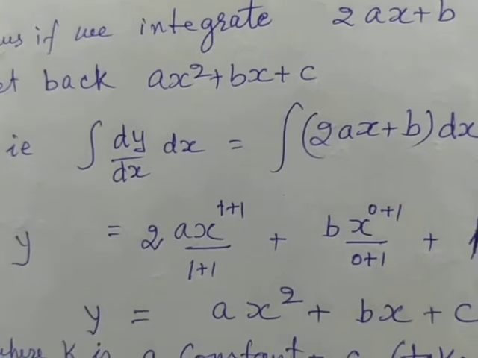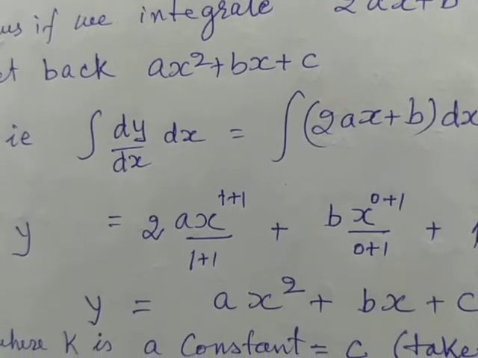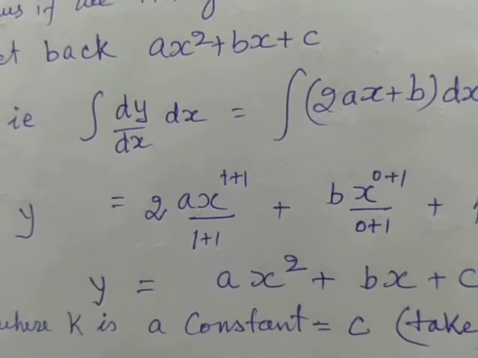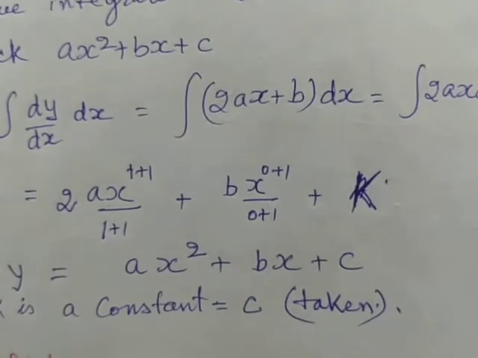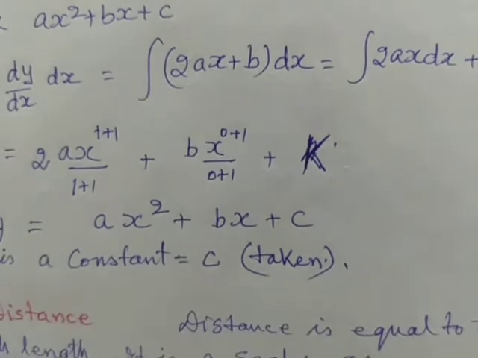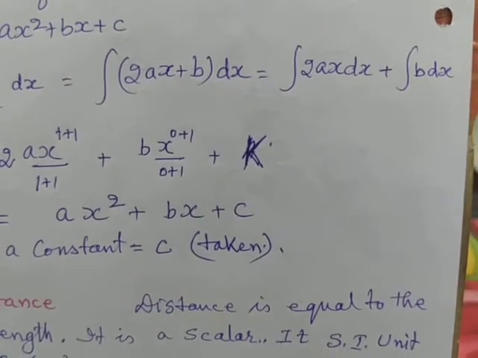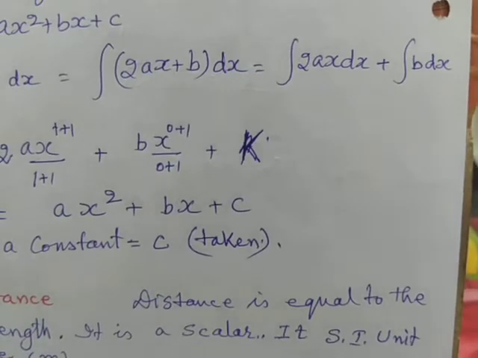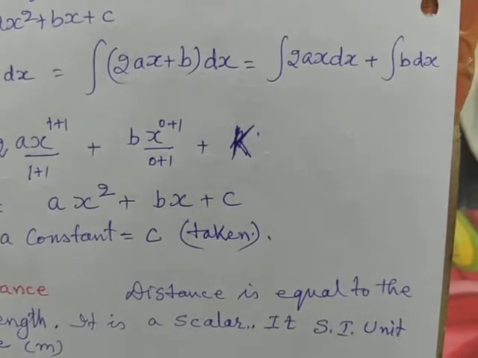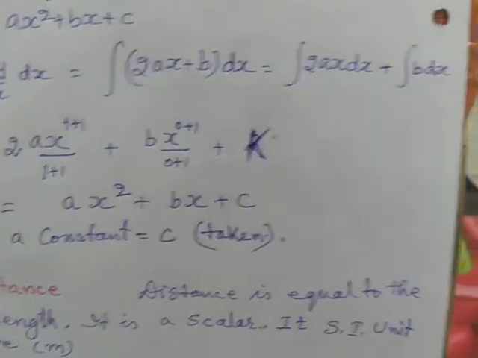So integral dy by dx into dx is equal to integral of 2ax plus b dx, and when the bracket is opened up, it becomes integral 2ax dx plus integral b dx.